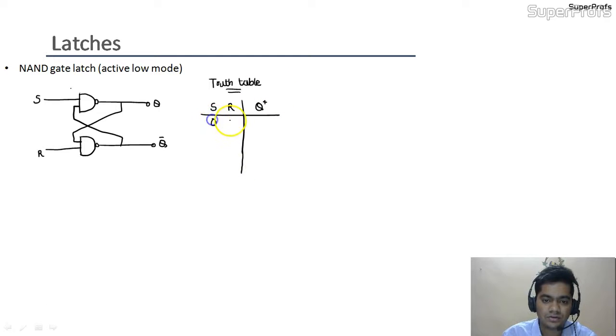For 00, 01, 10 and 11 we have to write the output. For 00 it would be a don't care condition. For 01 it would be set or logic 1. For 10 it would be reset or logic 0, and for 11 it would give us a memory state.